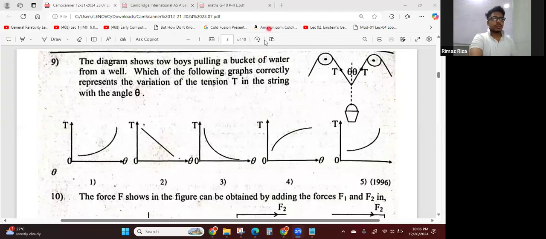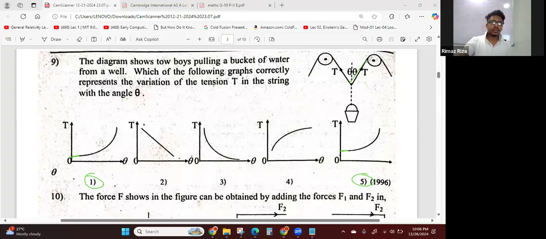Okay, so here I'm not sure. The answer is either the first one or the fifth one. But what is the difference between the first one and the fifth one? This one goes more toward 0, but it has an intersection.